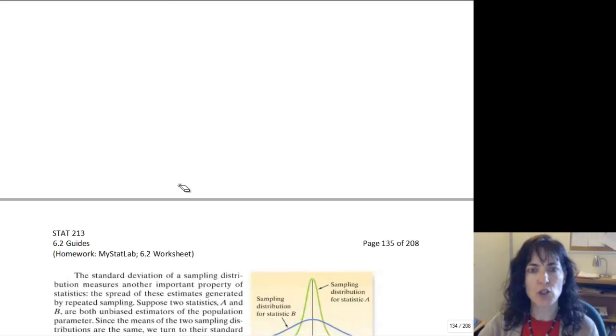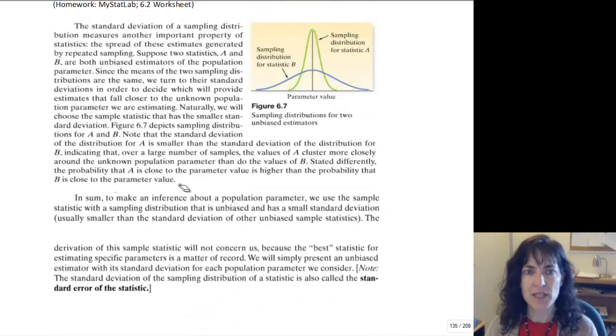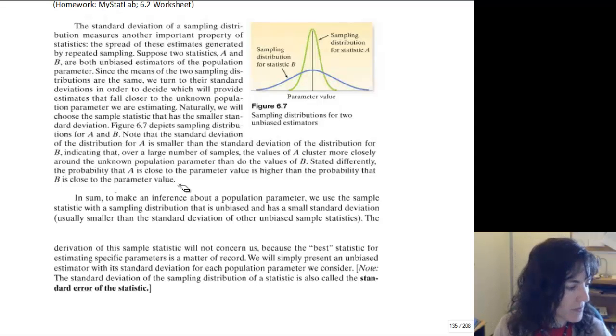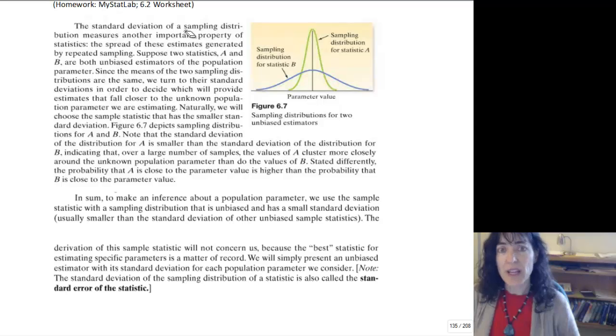Let's take a look at the standard deviation, because that's one other measure we can use to determine how good our sampling distribution is. We can look at the standard deviation of a sampling distribution to measure another important property of statistics, and that's the spread of the estimates generated by repeated sampling.